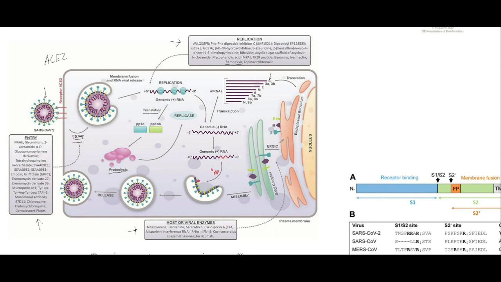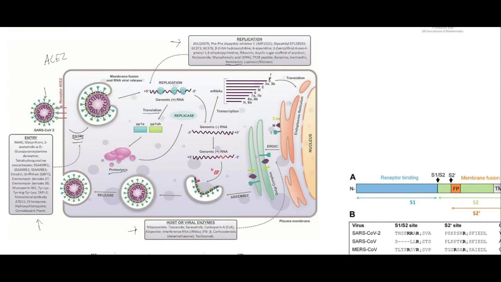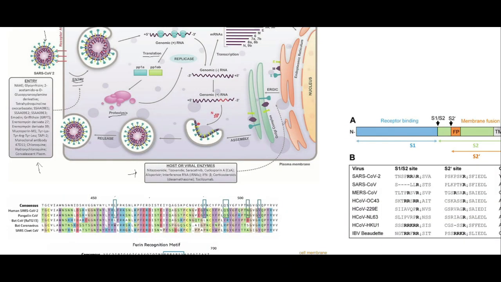And so this process here of going through the endoplasmic reticulum to the Golgi apparatus will hopefully be inhibited so that the virus cannot reassemble itself and keep reproducing. And so that's sort of the way that the SARS-CoV enters the cell. And so let's get into this process a little bit, because that's the background we'll need in order to understand how the vaccine works.